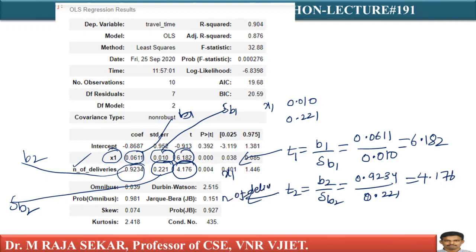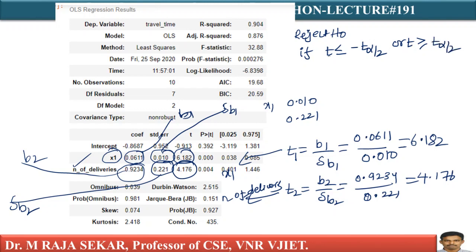If you want to check individual independent variables, I need the t distribution. Now, according to the test, what is the logic? Reject H naught. What is the rule? Reject H naught if t is less than or equal to minus t alpha by 2 or t is greater than or equal to t alpha by 2.